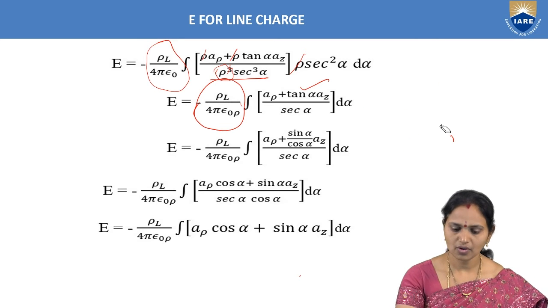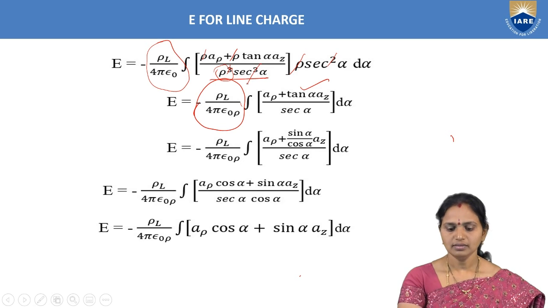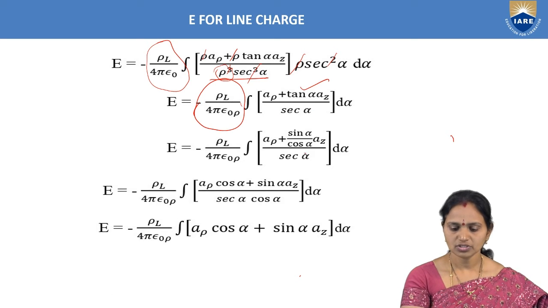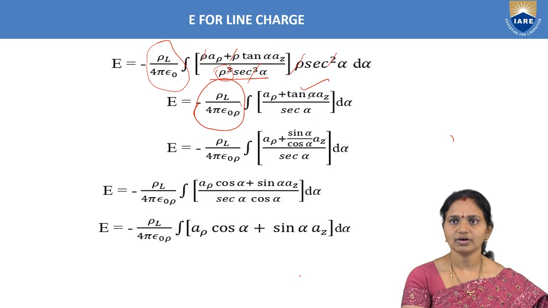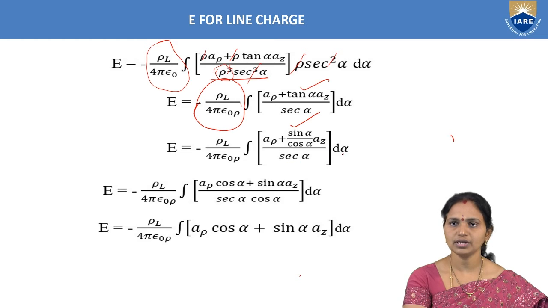Now from the secant cube, the secant square term gets cancelled and we have only the secant term. Now I am simplifying this by writing tan alpha as sin alpha by cos alpha. So then it is a rho plus sin alpha by cos alpha az divided by secant alpha into d alpha.